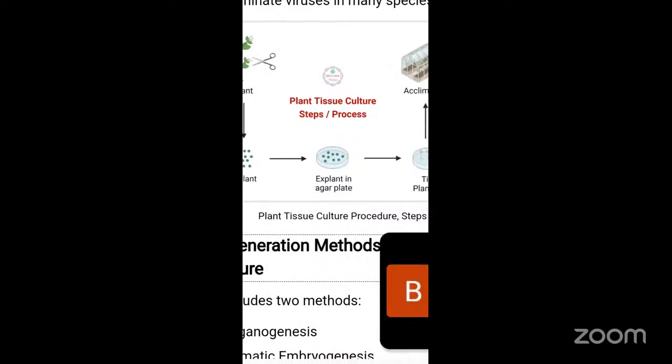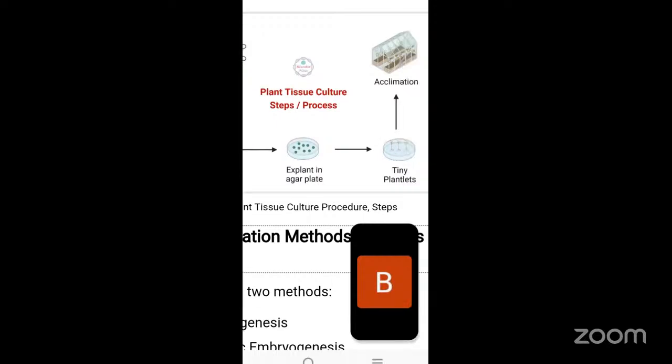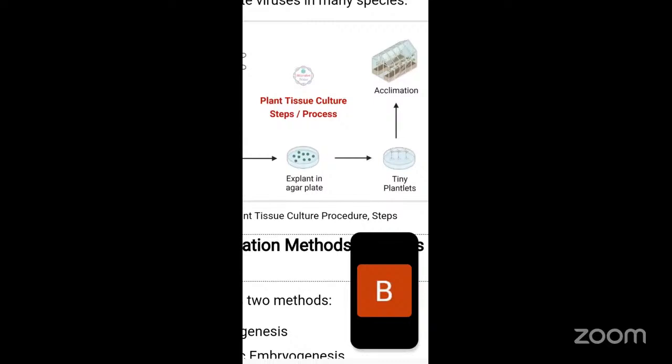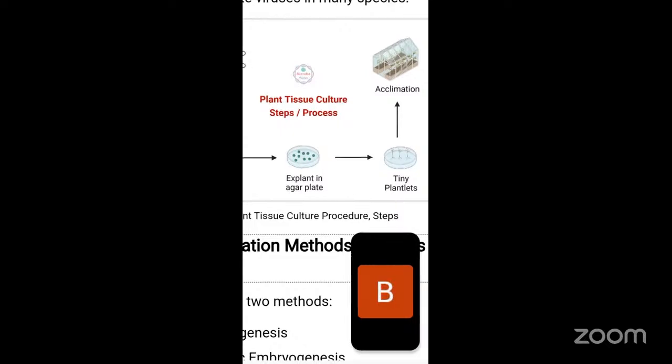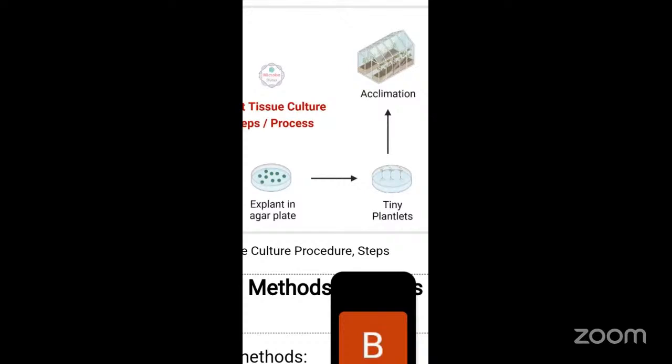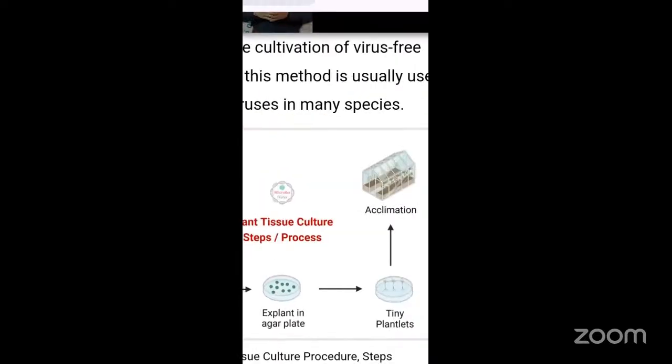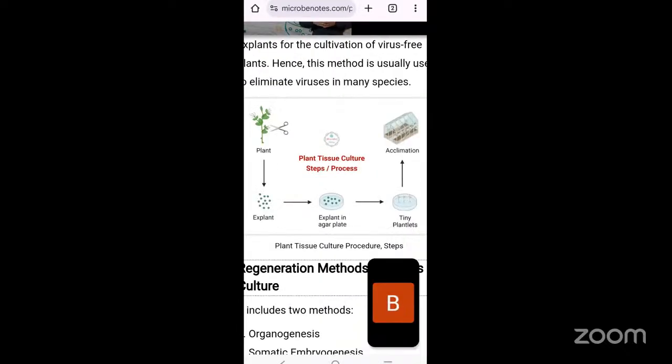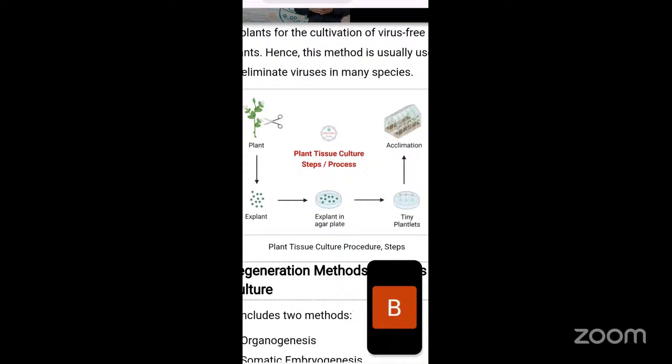The explant is transferred into the medium, the agar medium. Then we have to add growth hormones or regulators, like auxins, gibberellins and cytokinins. That develops into a callus. The callus develops into tiny plantlets. Those plantlets are then transferred for acclimatization. That is what we call it.